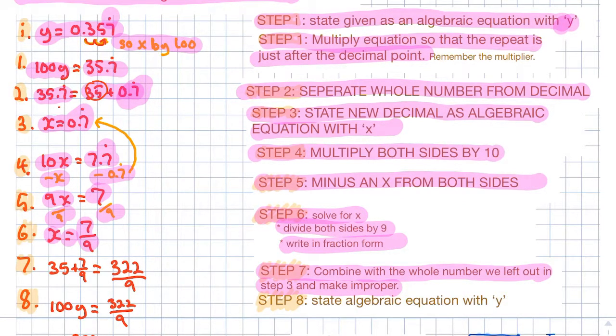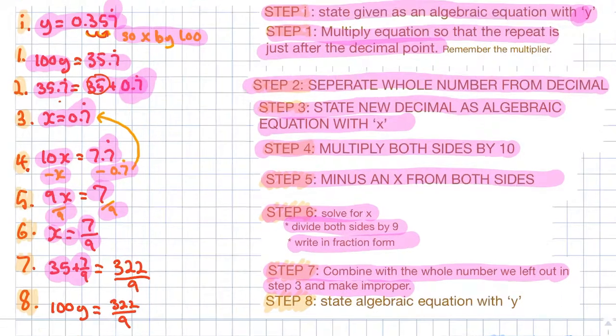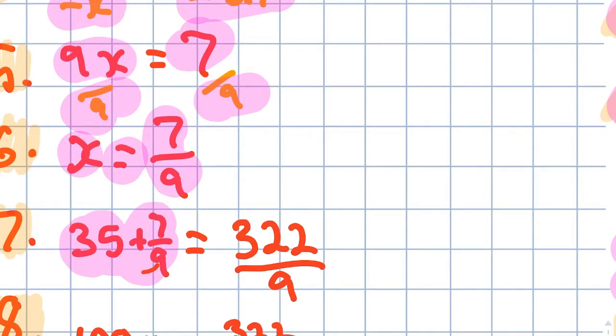So we want to work backwards to that. So now it's going to be 35 and 7/9. But we want to make that an improper fraction. And the way we do that is we multiply 9 by 35. And 9 times 35 is 315.